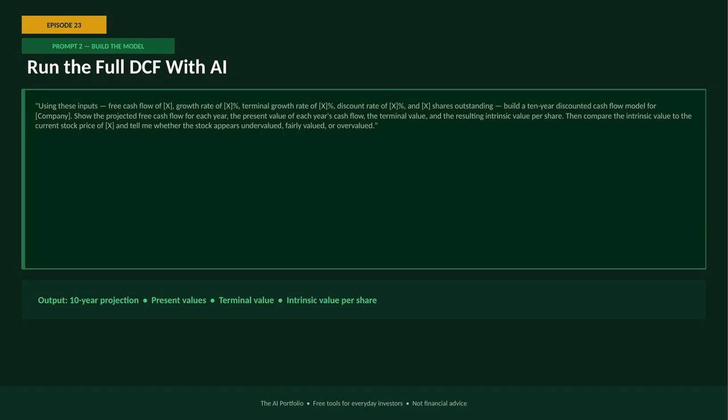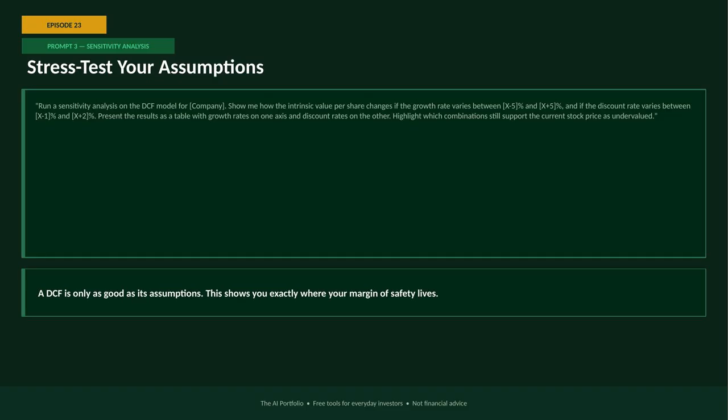Show the projected free cash flow for each year, the present value of each year's cash flow, the terminal value, and the resulting intrinsic value per share. Then compare the intrinsic value to the current stock price of X and tell me whether the stock appears undervalued, fairly valued, or overvalued. You now have a complete valuation in plain English with the math shown.